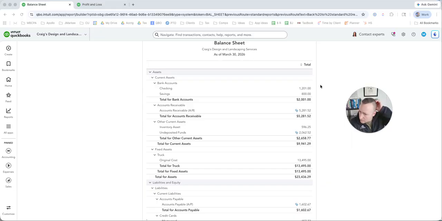And I also want to differentiate between short and long term. This is one thing that is pretty clear throughout all different types of accounting. Short term is anything that is due within 12 months, so 1 year. Long term is anything that is due after that.